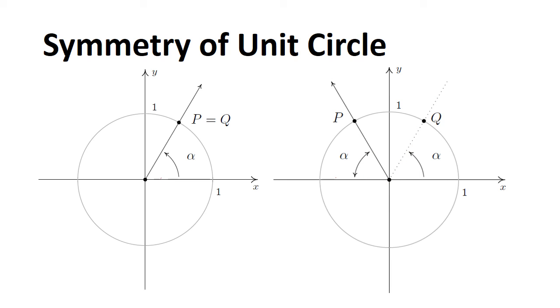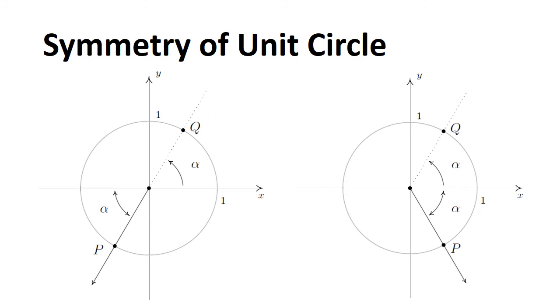Kapag yung angle mo naman, or yung terminal side ng angle mo, nasa quadrant 3, ang reference niya is nandito pa rin sa quadrant 1, which is yung angle na sinobra niya dun sa 180. So, ang gagawin mo, para mahanap sa reference angle, kung yung angle mo ay nasa quadrant 3, bawasan mo ng 180.